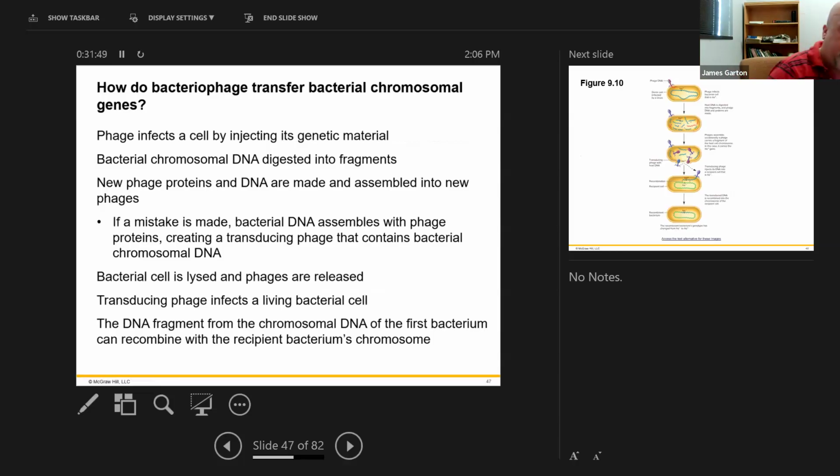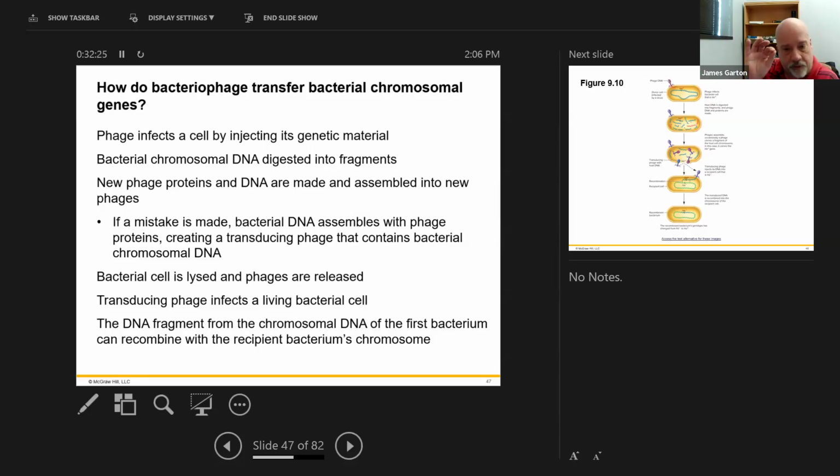And the way a virus generally works, the phage infects a cell by injecting its genetic material into that cell. In the case of a phage infecting a bacterium, the bacterial chromosomal DNA is digested into little bits. New phage proteins are assembled, and you package that DNA into those new little protein coats. And sometimes mistakes are made.